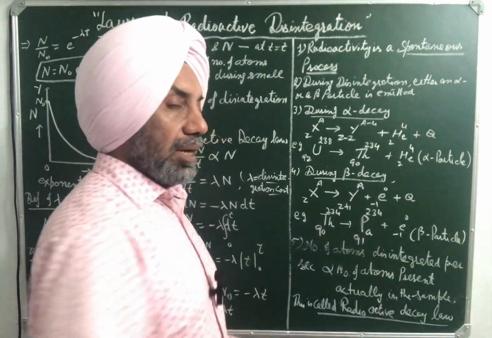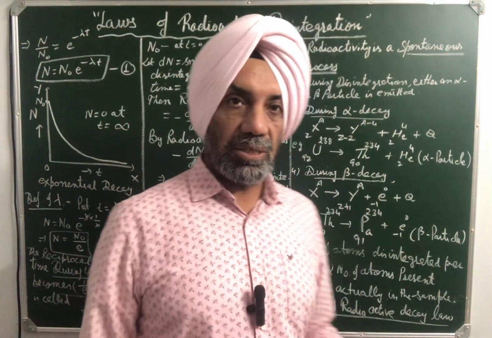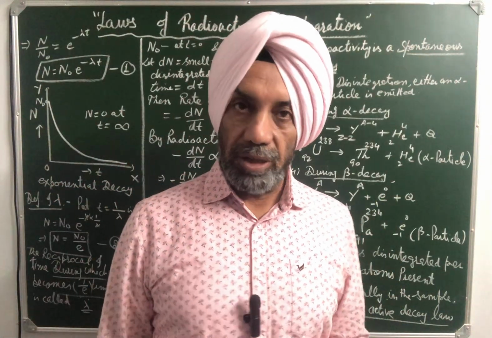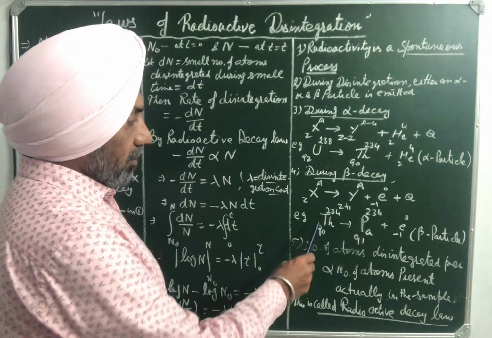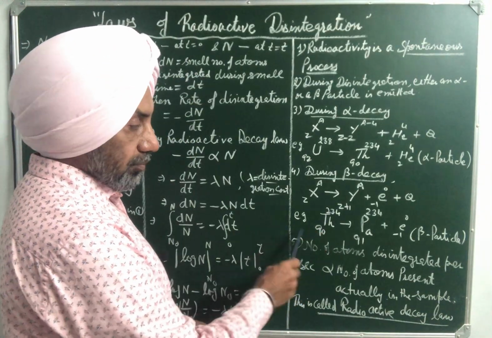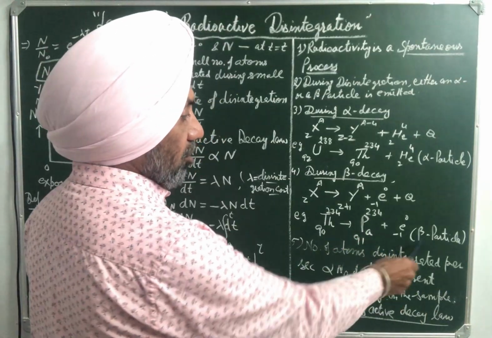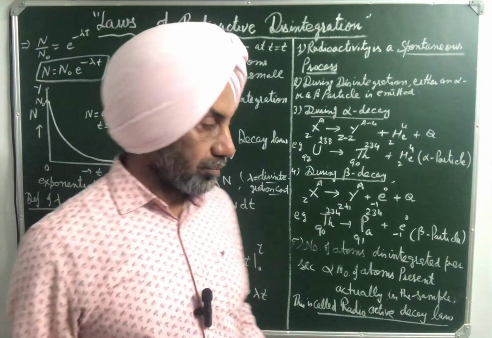Some energy is released, which is shared by both the electron as well as the daughter nucleus. For example, thorium 90-234 gives Pa 91-234 plus electron, which is nothing but a beta particle.